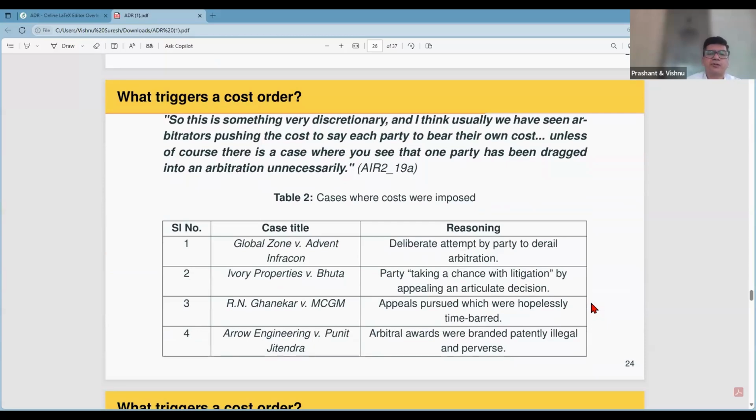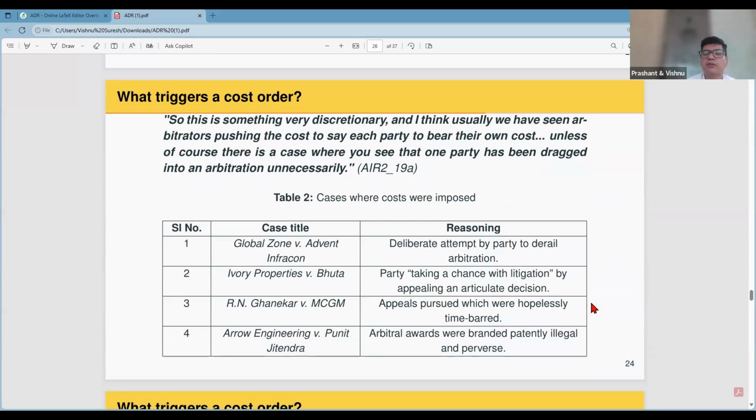So what triggers a cost order? These are the 4 cases where costs were imposed. And if you look at the reasoning, in one case, it is a deliberate attempt by parties to derail arbitration. In the other, it is taking a chance with litigation by appealing an articulate and sound decision.